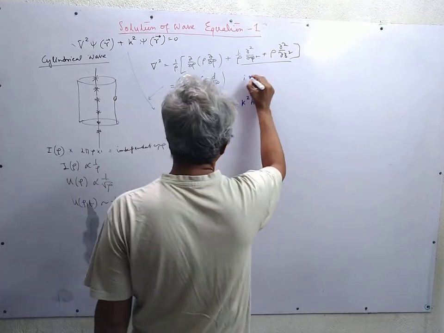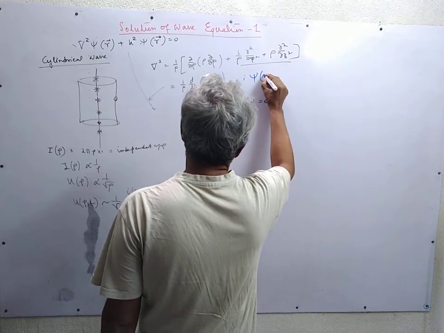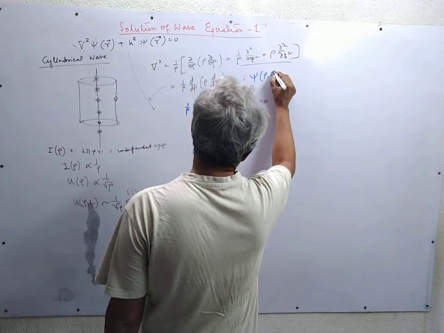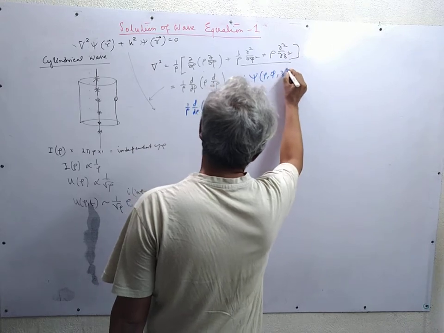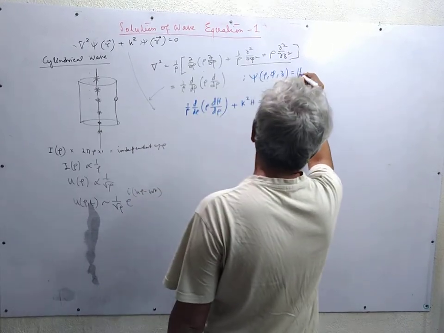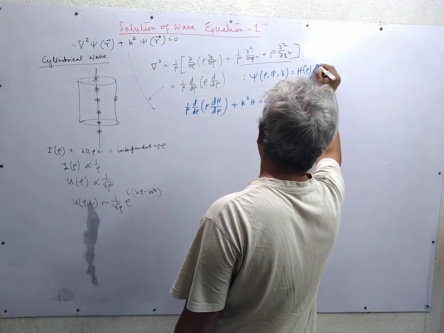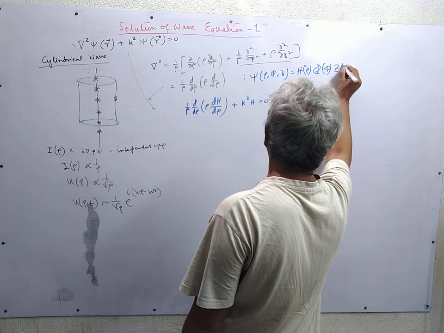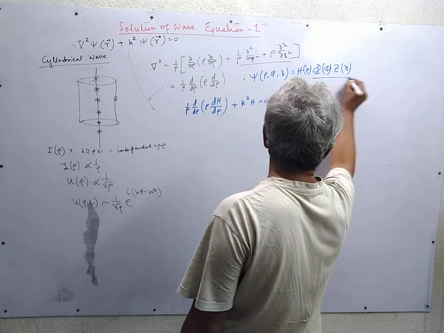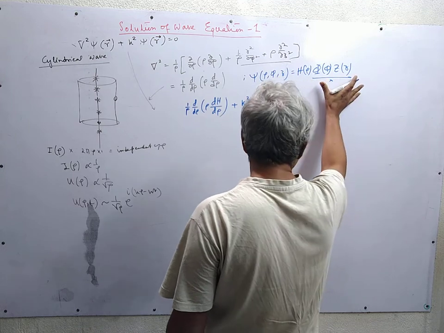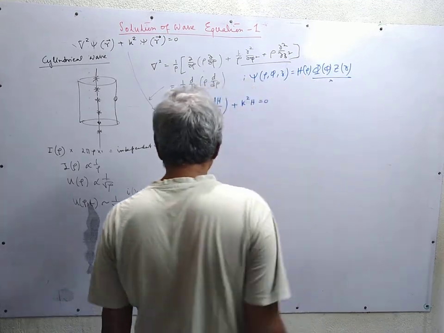Here we have assumed that H of rho, phi, z is actually H of rho times big Phi of phi and big Z of z, but for a cylindrical wave those parts are constant, so it is H only.